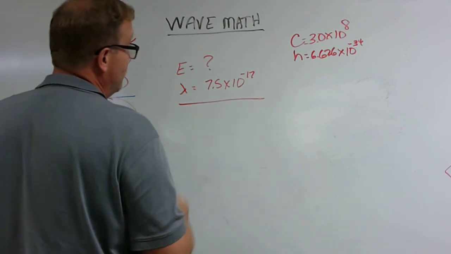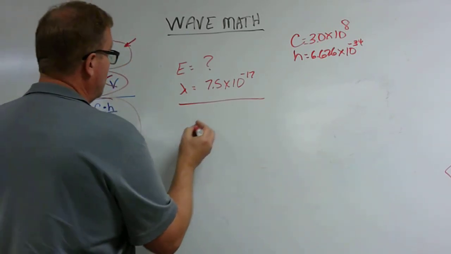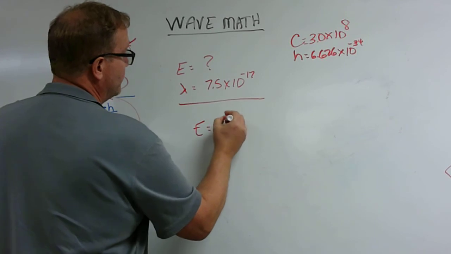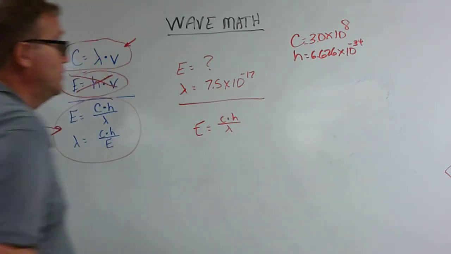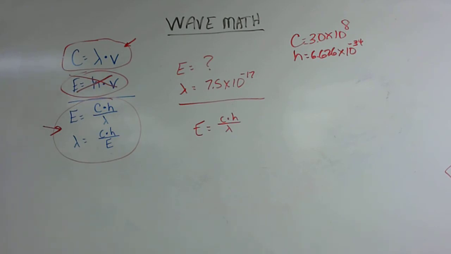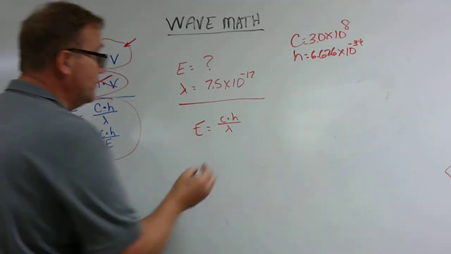Well, if I do my manipulation for my formula, you're going to notice it looks a whole lot similar to it. It's all set up the same way. If you look here, you multiply your two constants at the top again.